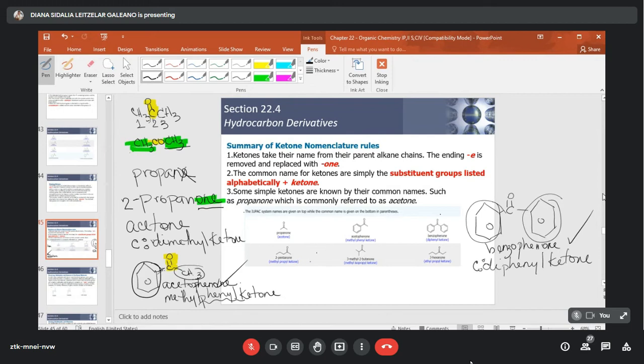Just as we saw, benzene with a CH3 was called toluene. There's no rule for that to be called toluene. In this case, we can use both names. You have to name benzophenone as common, as IUPAC, and the common diphenyl ketone.